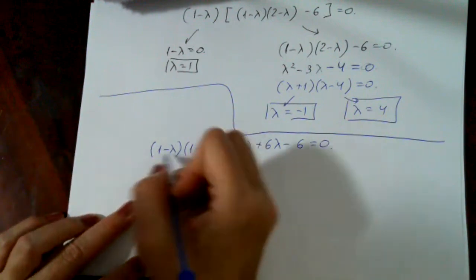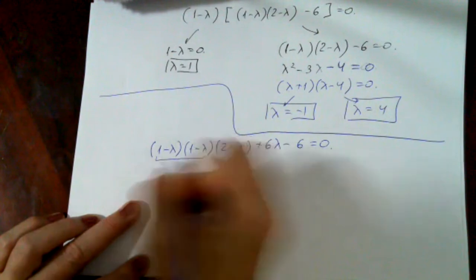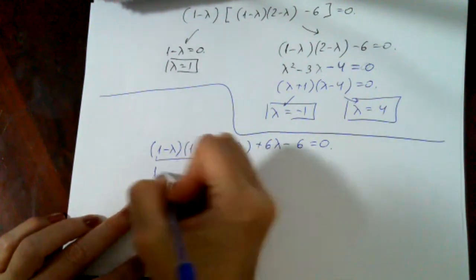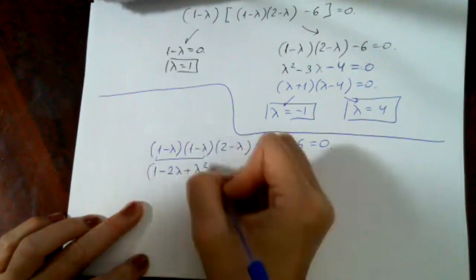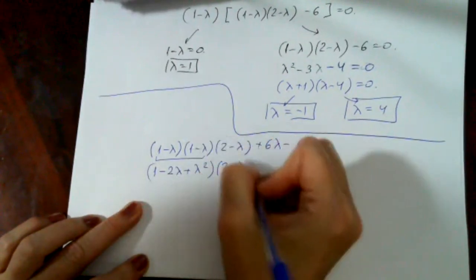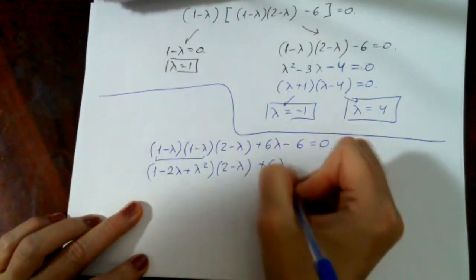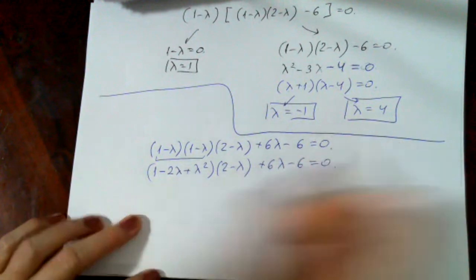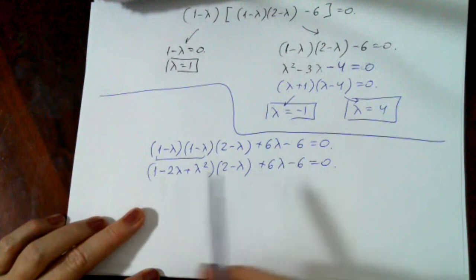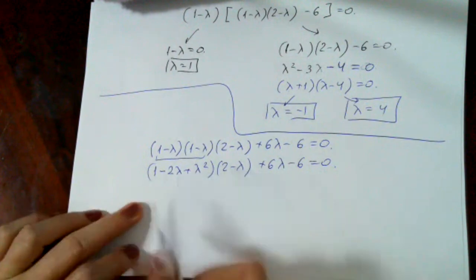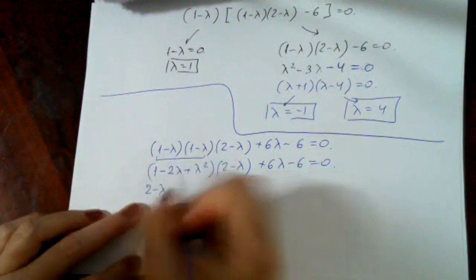Okay, so let's do this multiplication. So let's multiply these two terms first. It will give us 1 minus 2 lambda plus lambda squared. And the second term, 2 minus lambda, is rewritten. Plus 6 lambda minus 6 is equal to 0. Okay, now we need to multiply it even further. So let's do it in turns. 1 times these two guys will be 2 minus lambda.